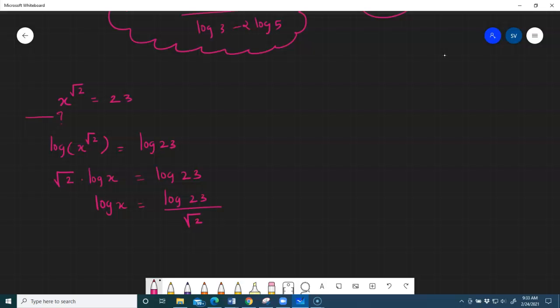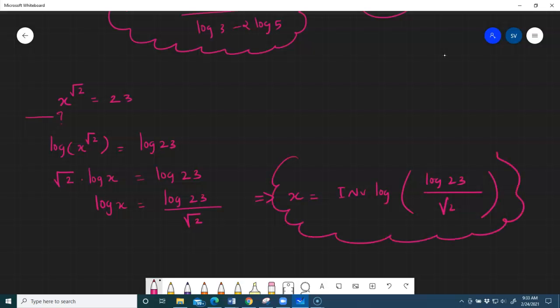So to get x, x will be equal to inverse log of log 23 over root 2. This is the answer. This is the kind of simplification I will look for as a teacher. So that's about the exponential functions.